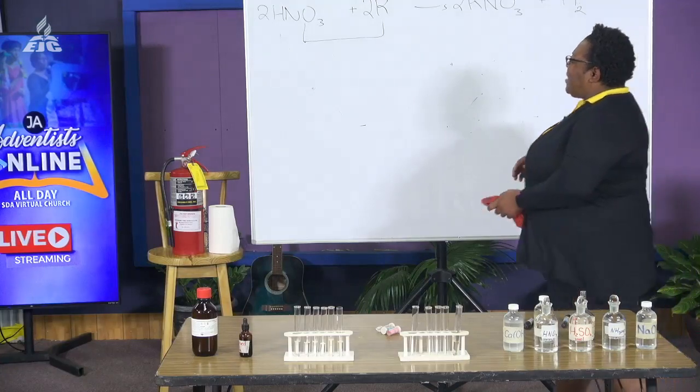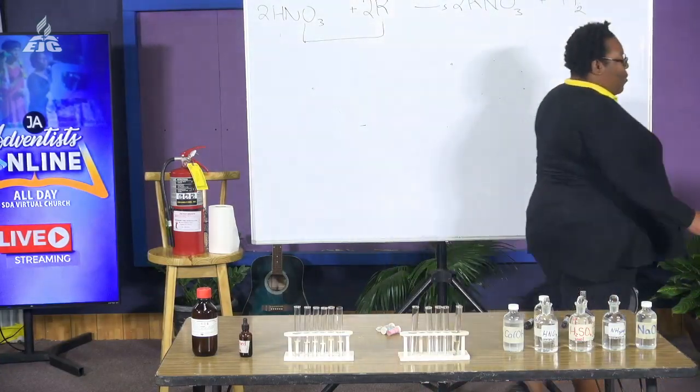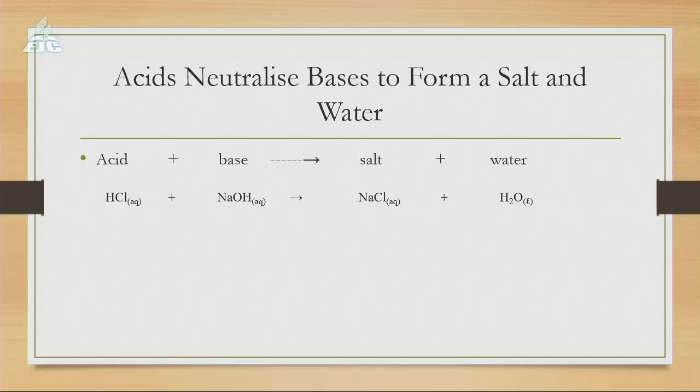Let us look at another property of acids. When acids react with a base, we have salt and water only. Let me get that slide up for you. So an acid and a base forms a salt and water only. Let us look at our example.